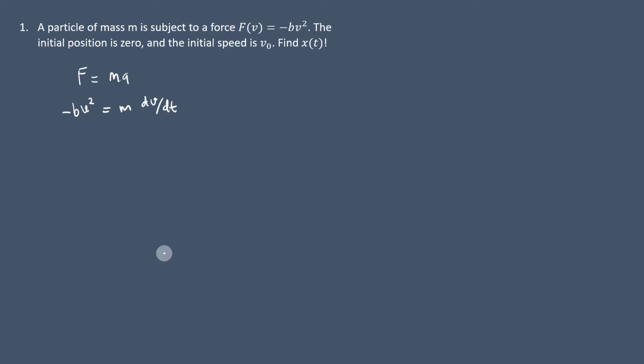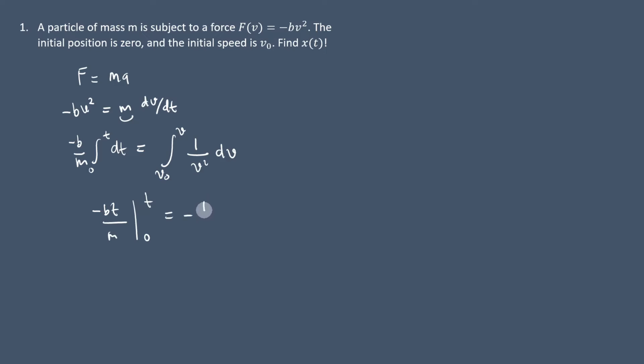Separating variables and integrating gives the integral from 0 to t of dt equals the integral from v0 to v of 1 divided by v squared dv, and then we get minus bt/m equals minus 1/v from v0 to v, and bt/m equals 1/v minus 1/v0.